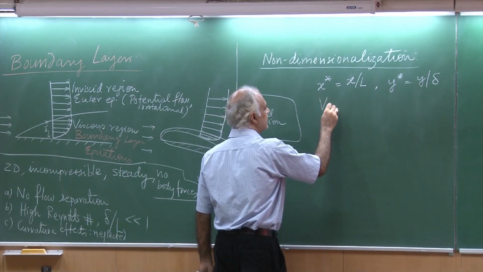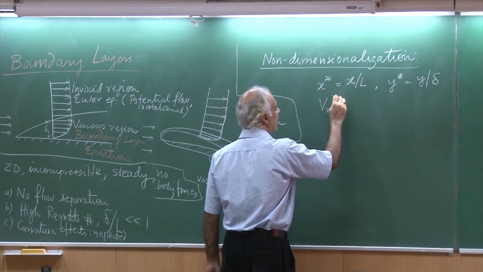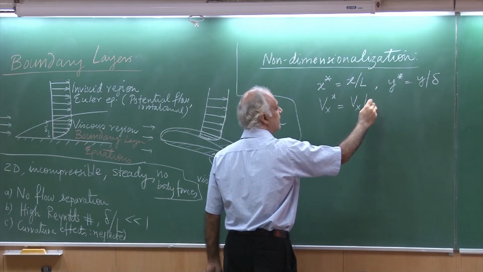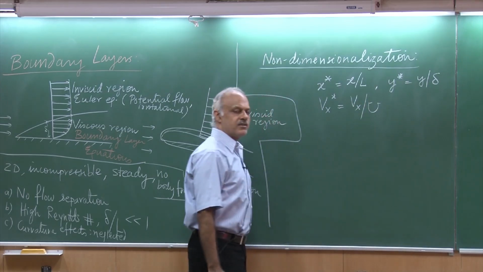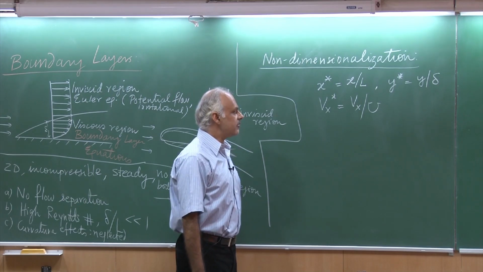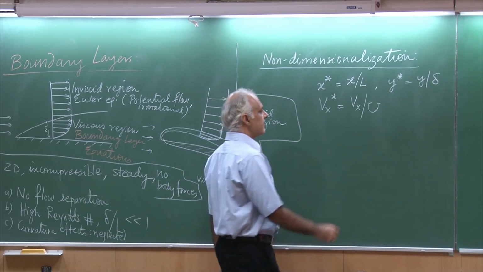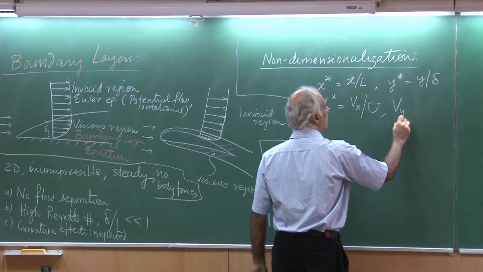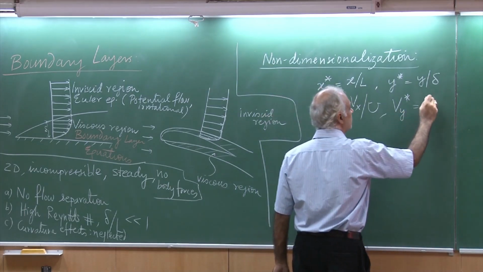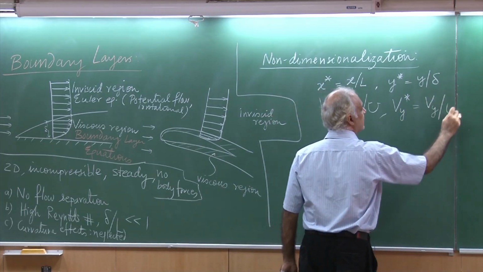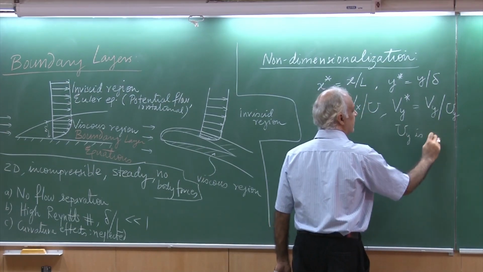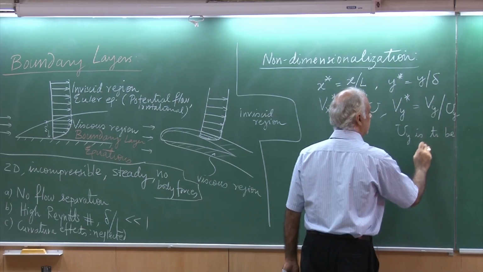Same thing with Vx. Vx star is the non-dimensional streamwise speed, non-dimensionalized with the free stream speed. So u is the free stream speed far away from the body. We don't know how to non-dimensionalize Vy. So we are going to assume that this is given as something by Uy, and Uy is to be determined.